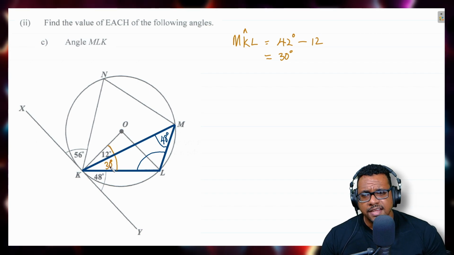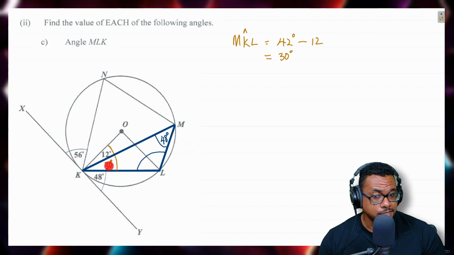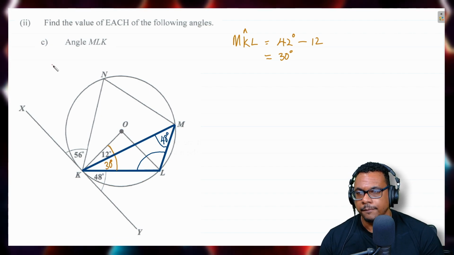Now we can say that the sum of the interior angles of this triangle is equal to 180 degrees. So we add the 48 and the 30 and take it away from 180, and we get this angle here.